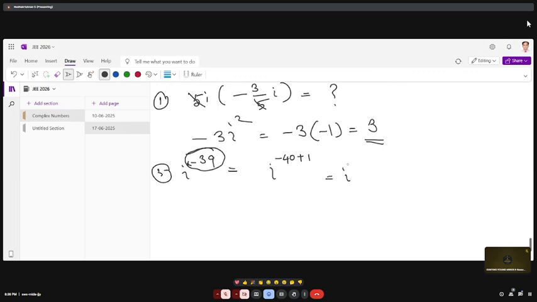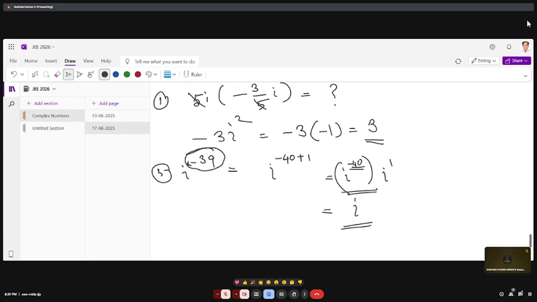That means i to the power of minus 40, because i to the power of anything which is a multiple of 4 is going to be 1. Therefore, this is simply 1. So it's just i. It's simply i.